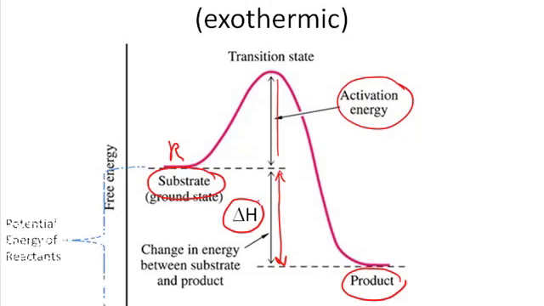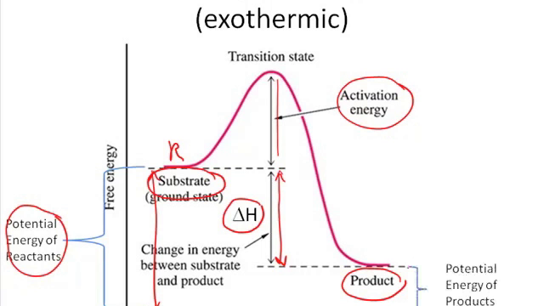Another thing to keep in mind is that the difference between this point and this point is the potential energy of the reactants. And obviously the difference between this point and this point is the potential energy of the products. As we move through time, this is what happens to the reaction.